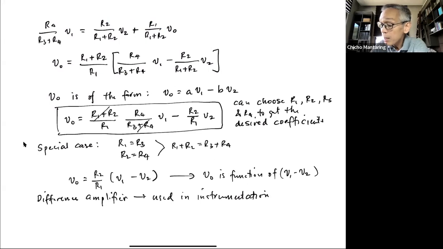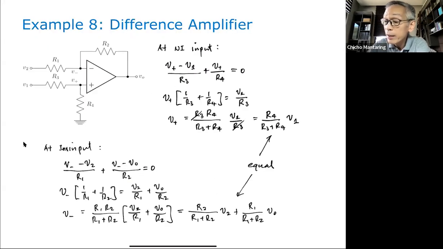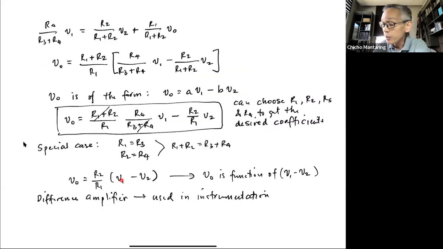So by doing a subtraction, the noise at this point and the noise at this point will be almost the same because they will be equally induced in both wires.